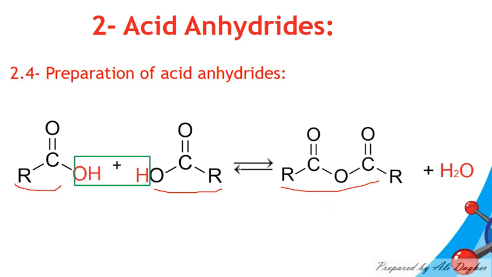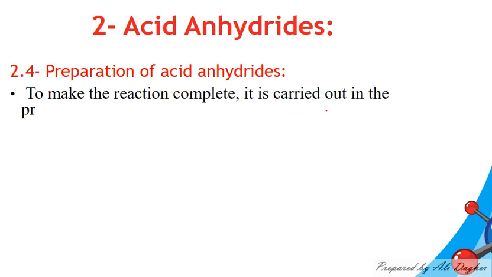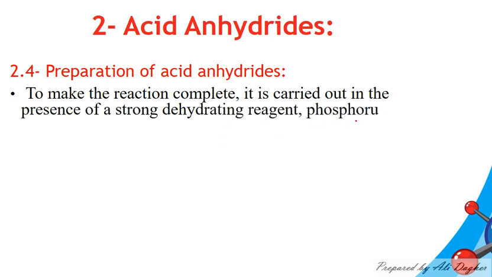But this reaction is an incomplete, reversible reaction because acid anhydride reacts with water to give carboxylic acid again. How to solve this problem? To make the reaction complete, it is carried out in the presence of a strong dehydrating reagent such as phosphorus pentoxide P2O5.